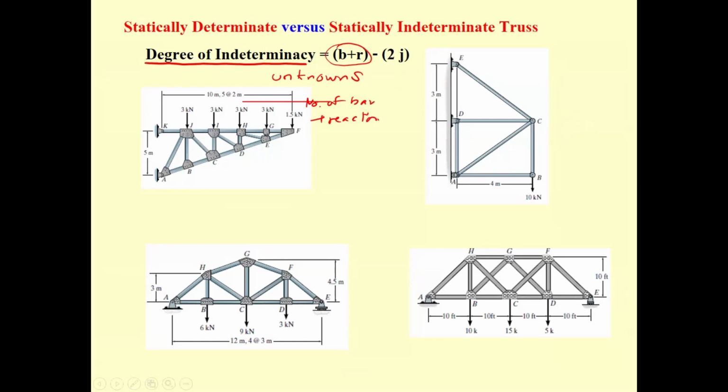Each joint of the truss has two equations, so two equations times the number of joints is the number of equations of equilibrium. Now, you can use the knowledge from chapter 3 to check the degree of indeterminacy of each truss.